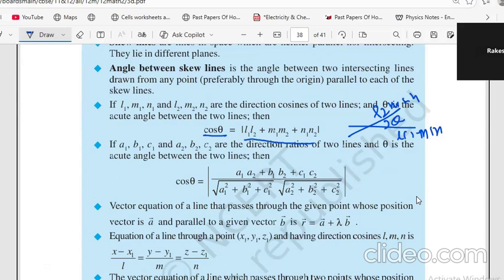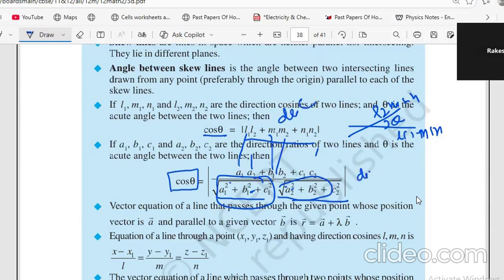And if you have direction ratios, then you will use this because L1 is nothing but A1 over this, L2 is nothing but A2 over this, so you multiply them, you'll get this. Similarly, b1, b2, and over these two. So you can find the angle between them using direction ratios or direction cosines. If the direction cosines are used, you will use this formula, but if direction ratios, it is this formula.